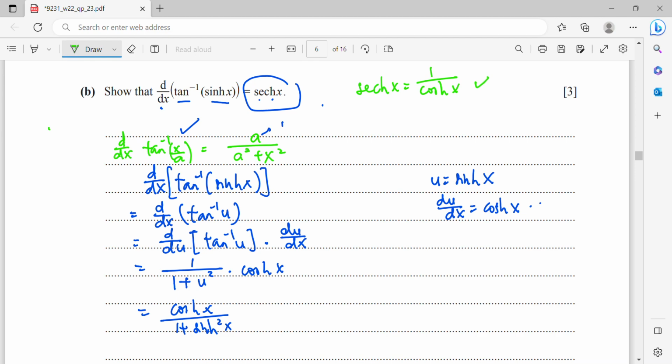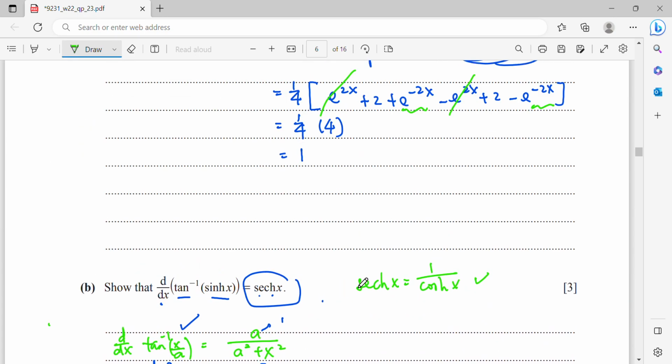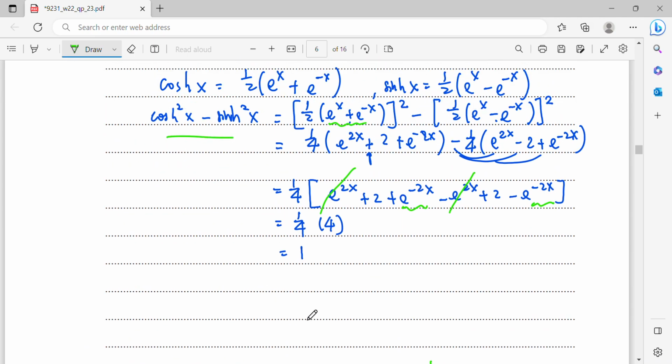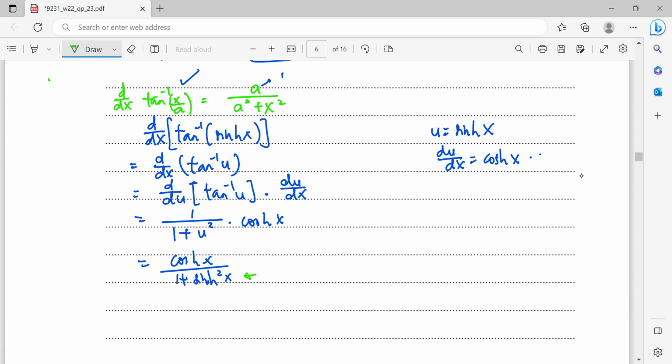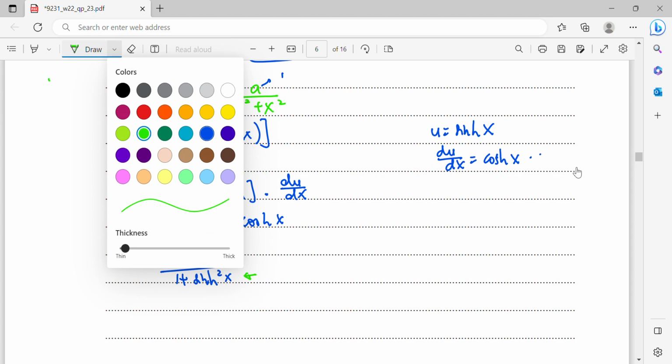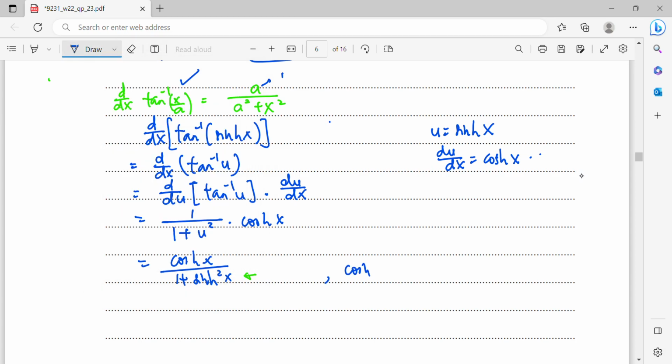Okay, but since we have the 1 plus sine square x in the denominator, what we need to do here is change to cos. So refer to this formula, the result from the first part. Cos square x minus sine square x is 1. So when I move this minus cos square x to the right side, I will be getting cos square x.